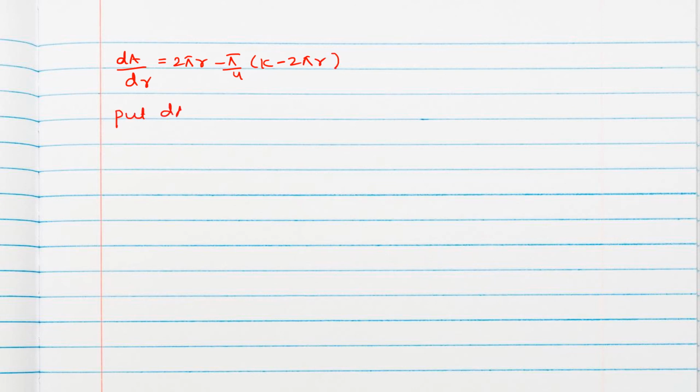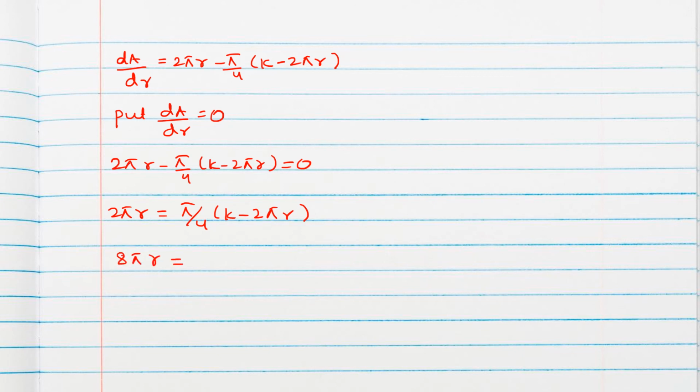Put dA by dr as 0. So 2 pi r minus pi by 4 times K minus 2 pi r equal to 0. So 2 pi r equals pi by 4 times K minus 2 pi r. So this we can write as 8 pi r, pi actually will get cancelled.